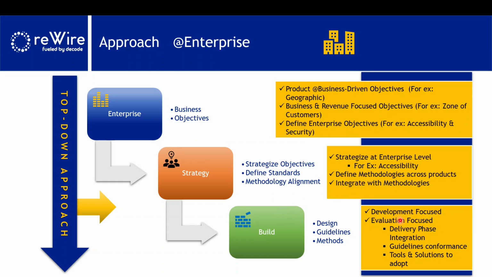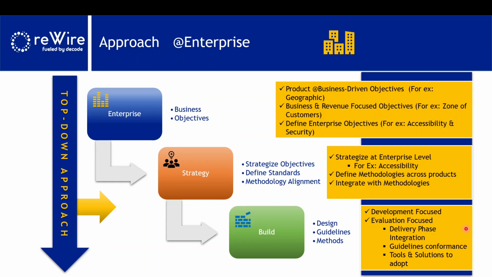Then the next steps will be to clearly develop and publish those guidelines so that the workforce can understand your direction, your focus, and your business objectives, and that eventually will allow you to meet your business objectives.